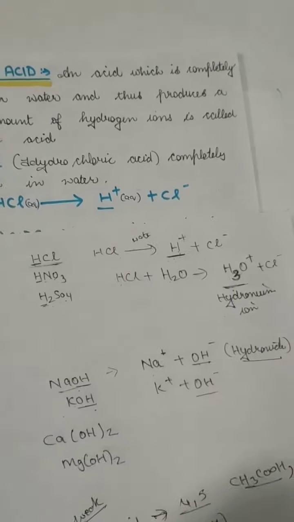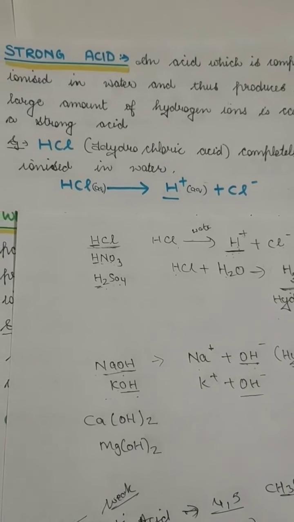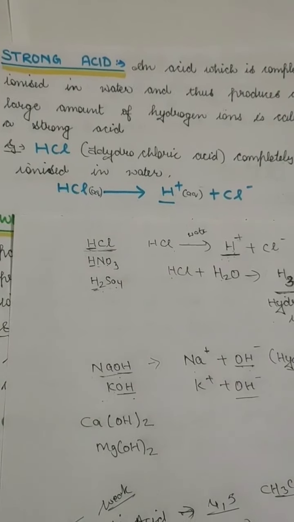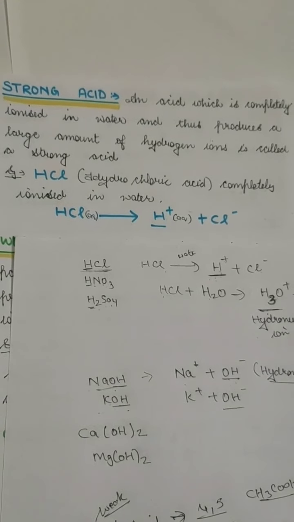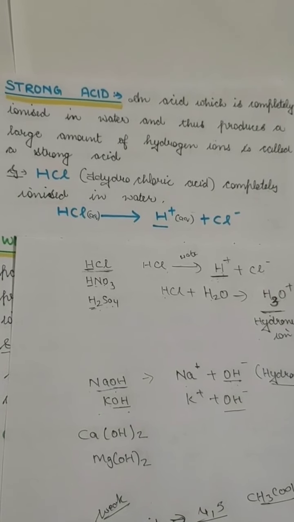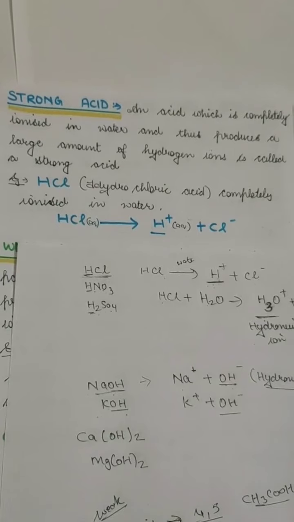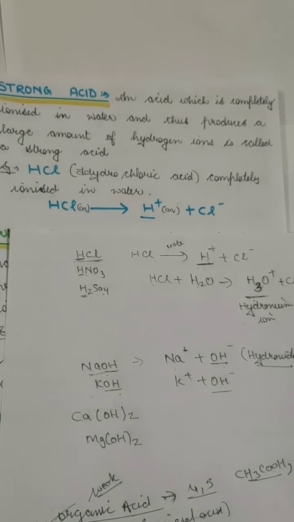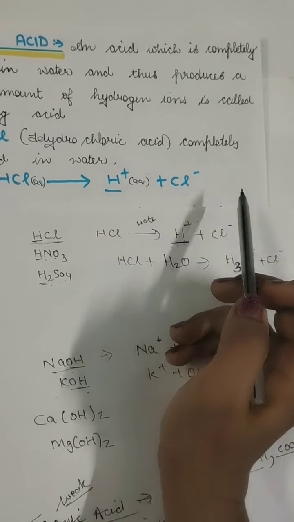When acids are dissolved in water, for example lemon juice in one bowl and hydrochloric acid in the next bowl, and you check the concentration of H ion, lemon juice will have a very low concentration of H plus ion, whereas HCl will have a larger number of H plus ions. So the acidity or strength of an acid depends upon the number of hydrogen ions or hydronium ions.